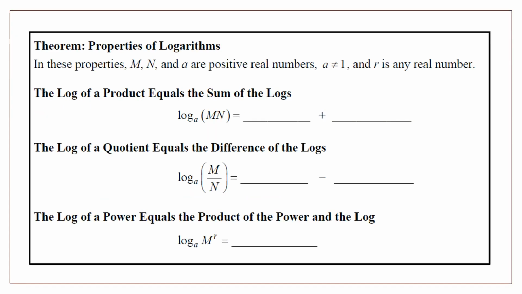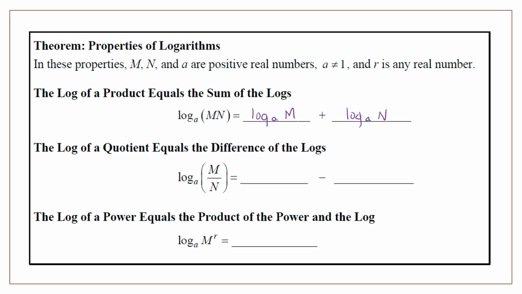In these properties, m, n, and a are positive real numbers, a does not equal 1, and r is any real number. The log of a product equals the sum of the logs. So log base a of m times n equals log base a of m plus log base a of n. The log of a quotient equals the difference of the logs.